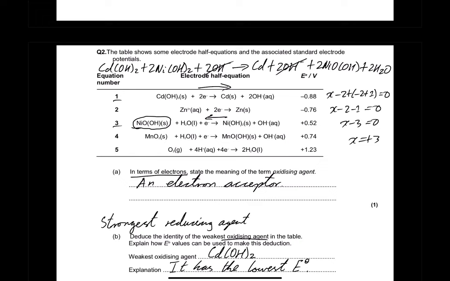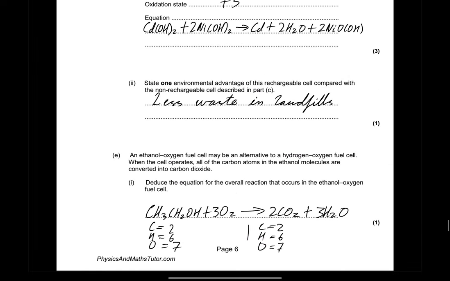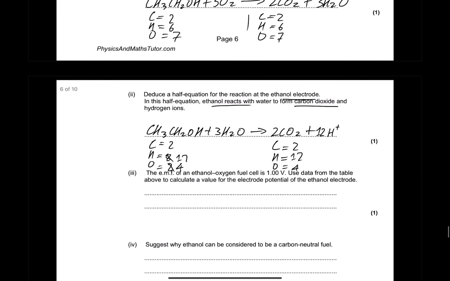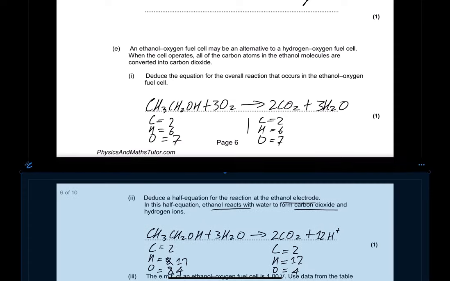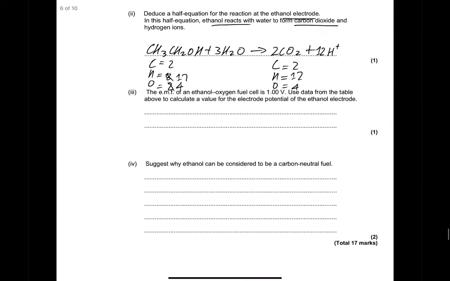How do you know whether ethanol is being reduced or oxidized? Was forming, we know it's equal to 1.